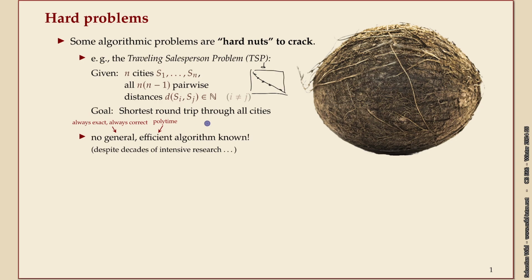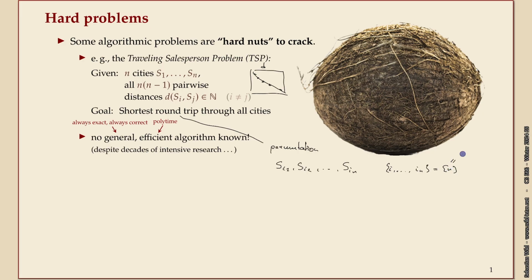Formally, it's a permutation of the cities, and then I'm just going to write this as S_i1, S_i2, and so on up to S_in. These i1 up to in are the integers 1 up to n.